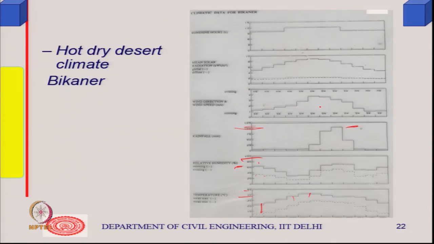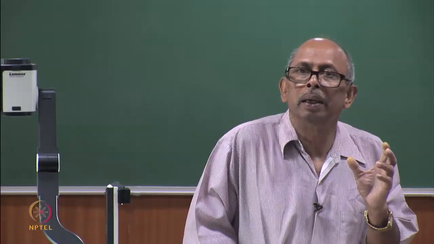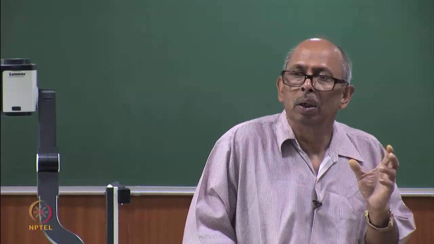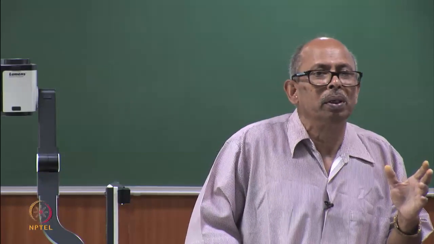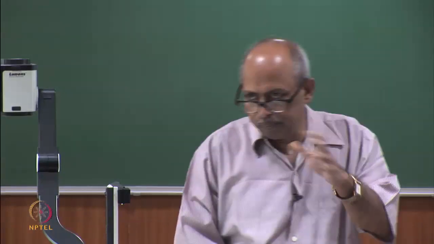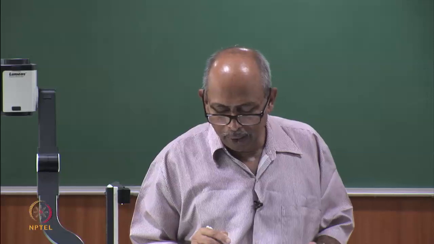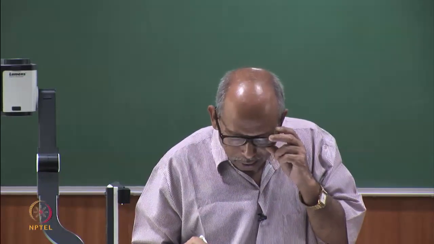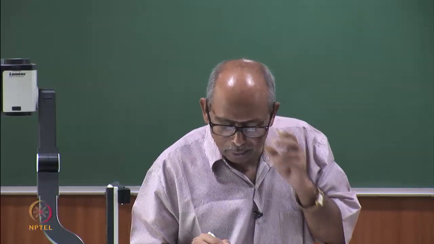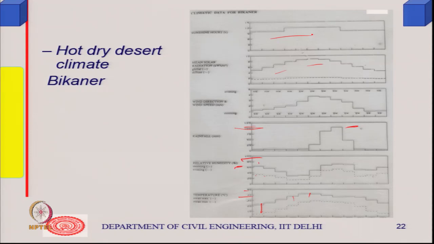The prevailing wind is a desert wind, locally called Andhi, dust storms. You find dust storms in parts of western, northwestern and even northern India. Now, of course, with a lot of greenery, that has reduced. Mean solar radiation is relatively high, and sunshine hours are 8 to 10 hours during the summer months.